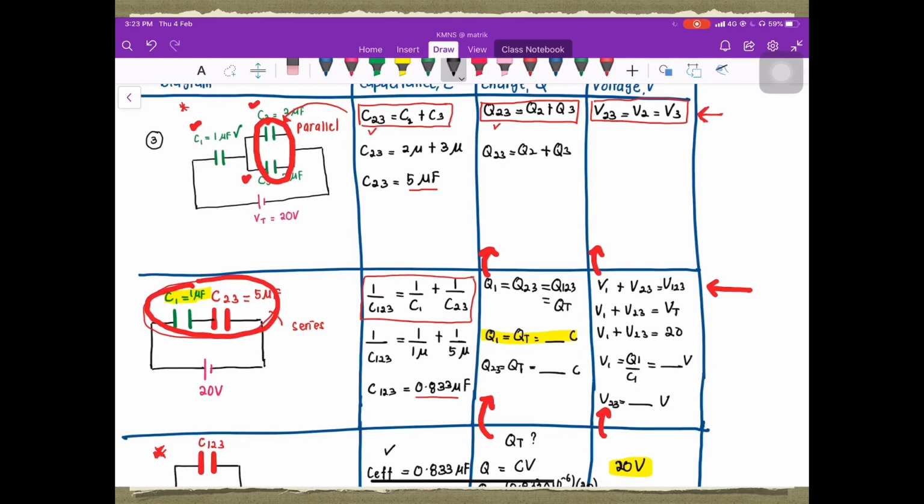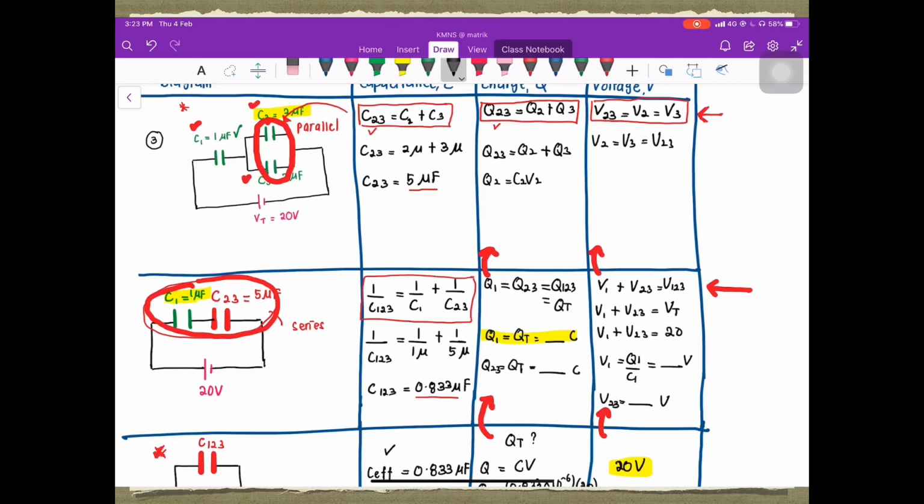Okay, can we determine Q2? Q2 equal to C2V2. So where is your C2? C2 here, 2 microfarad. And then where is your V2? Refer to this equation: V2 equal to V3 equal to V23, right?